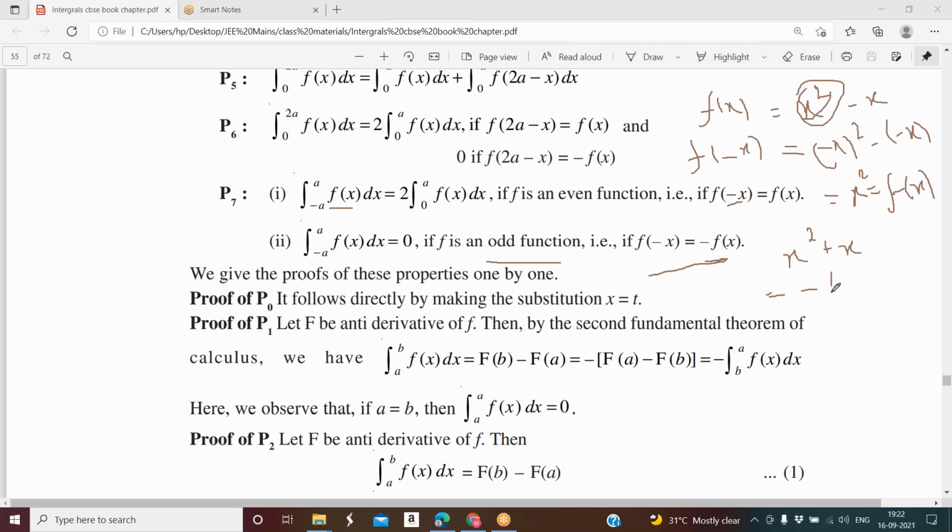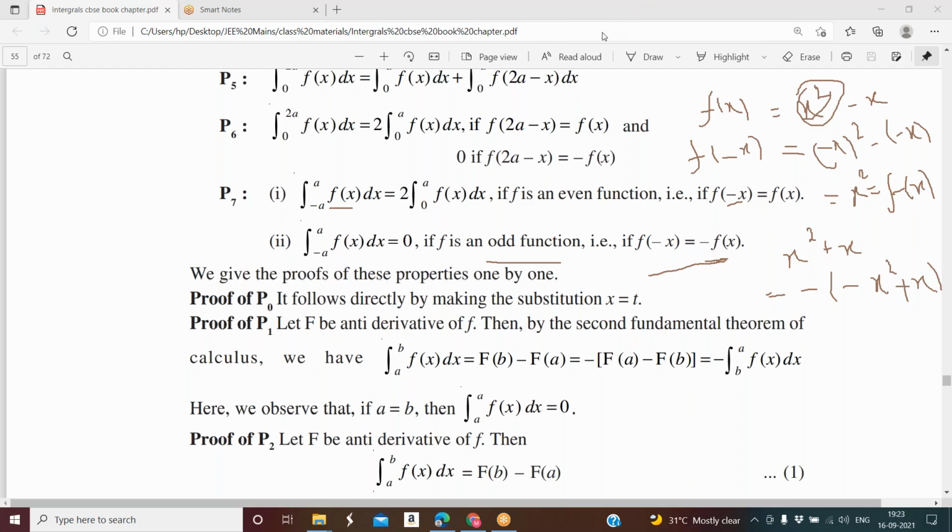This can be written as minus of minus x square plus x. So actually here this condition is not satisfied.